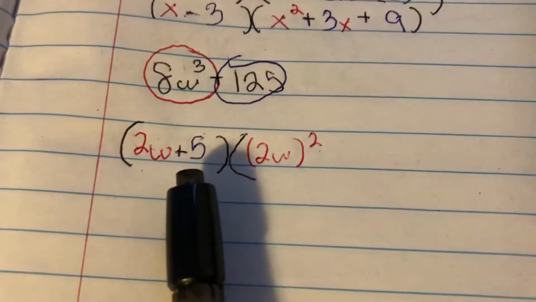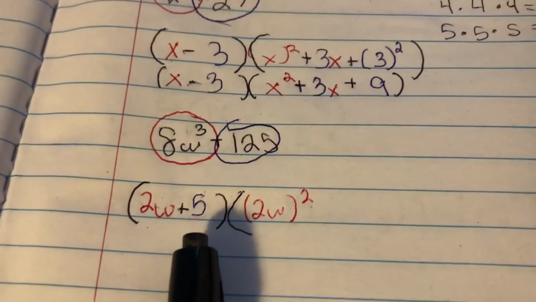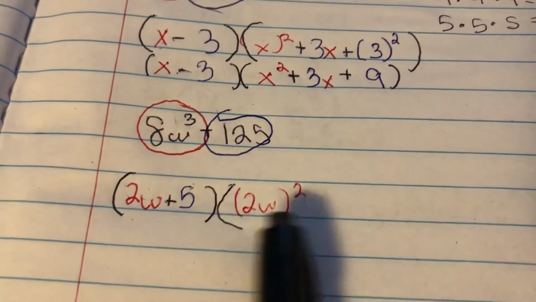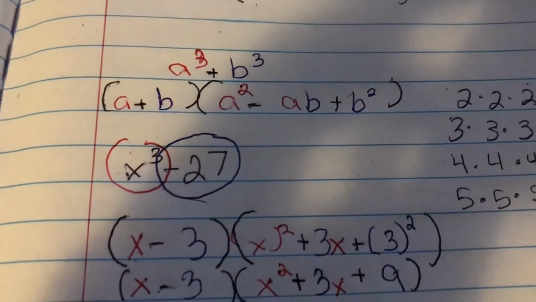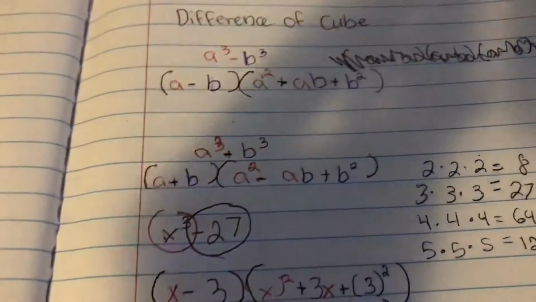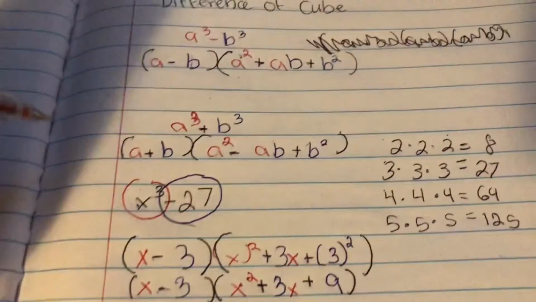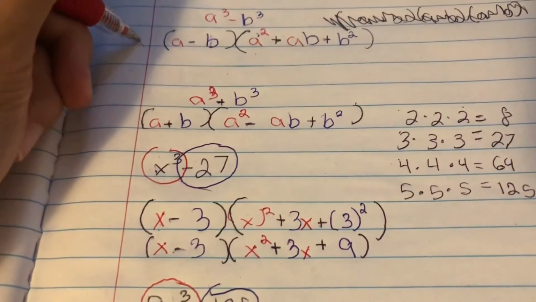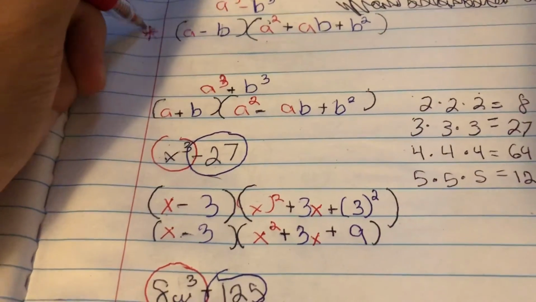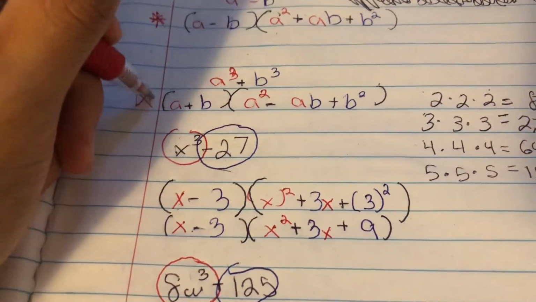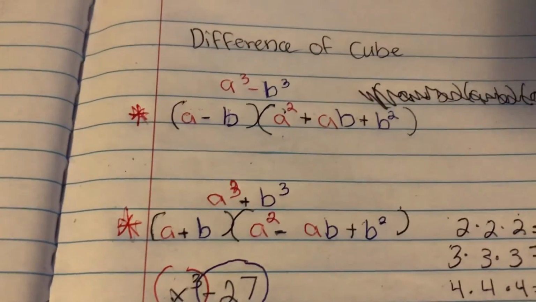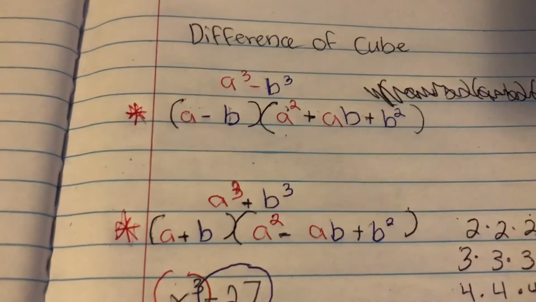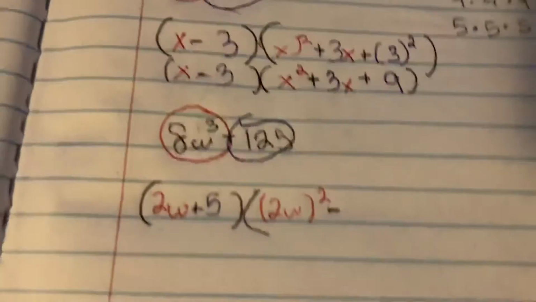Now, when this is plus, we're gonna flip the sign and make this negative. That's what the formula states, right? Remember I told you guys these are the 2 formulas that we need to know. No magic. These are the 2 formulas by definition.